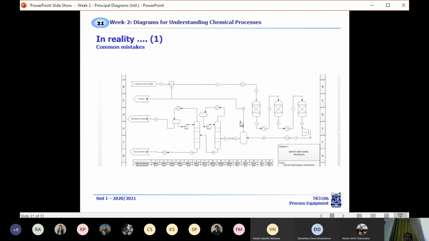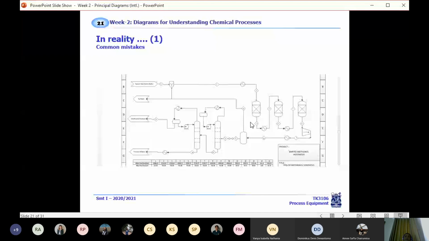This is the first mistake of this PFD. For the second one, like Dominicus mentioned, there is no code and name of the equipment, so we don't know which equipment is here.